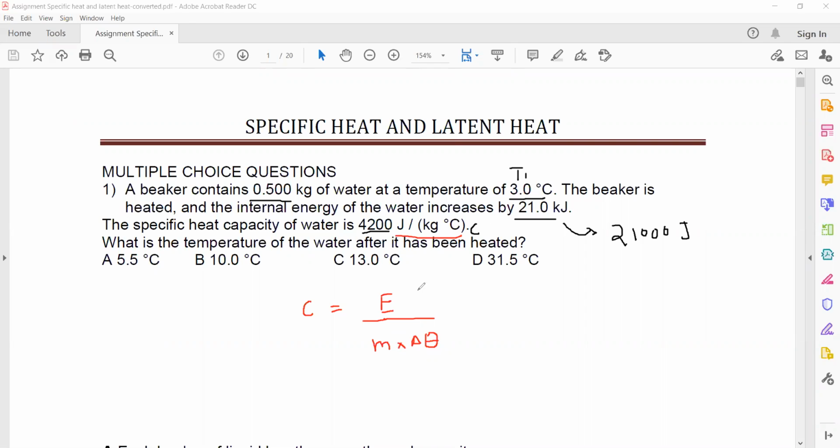Now just substitute the values. Specific heat capacity is 4,200, so this value of C is 4,200 joule per kilogram degree centigrade. Value of the energy which we supply is 21 kilojoule, or you can say 21,000.